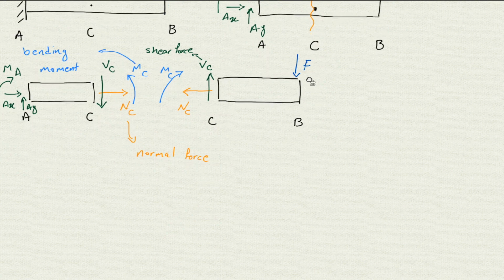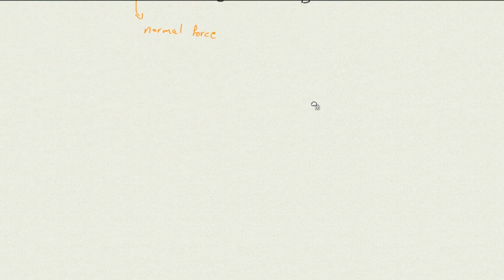So let me move a bit up. In 3D, assume I'm going to draw a 3D beam. Assume the beam we had, but this time in 3D. I'm not going to put any forces on it yet. So assume we have the beam in 3D, something like that. There are some forces and some supports on it.